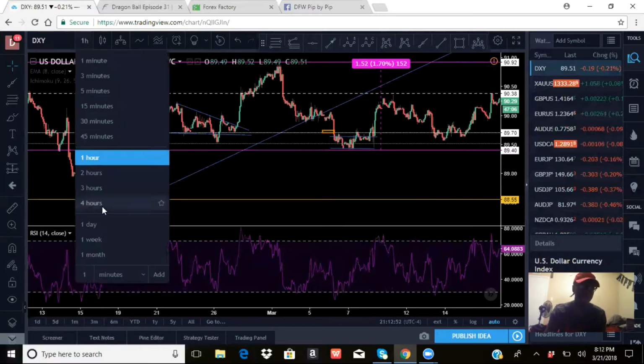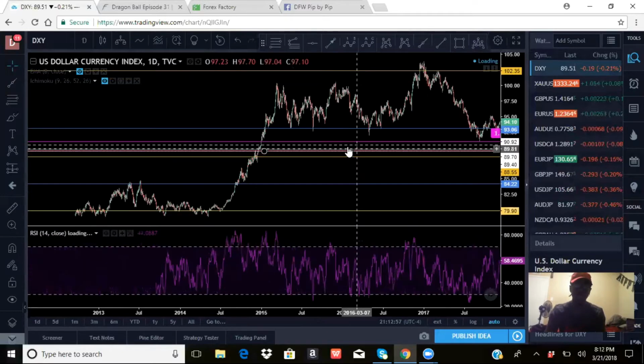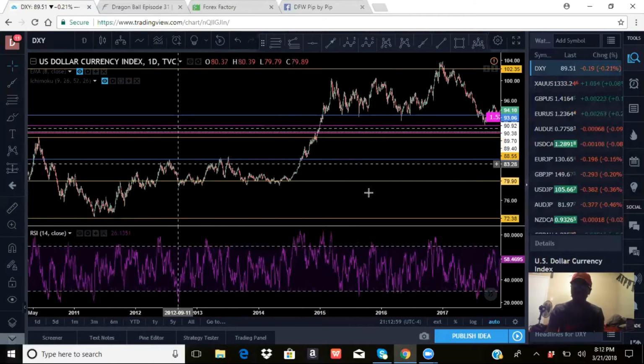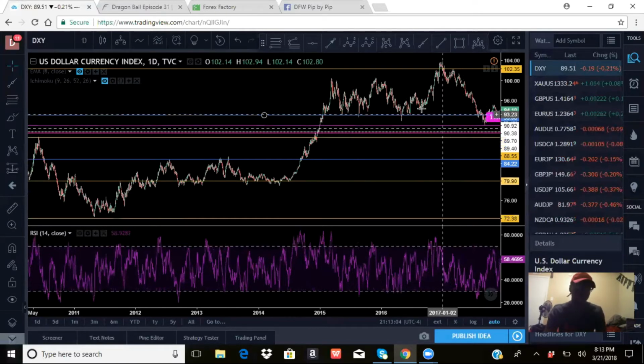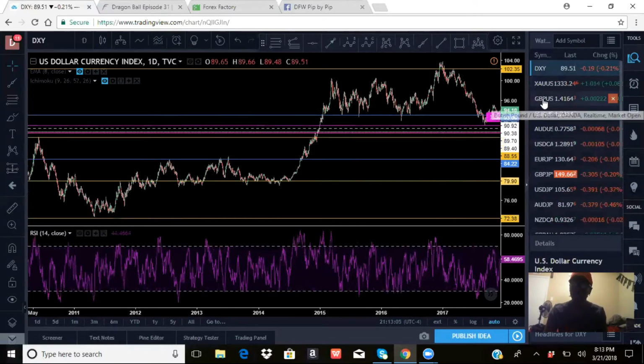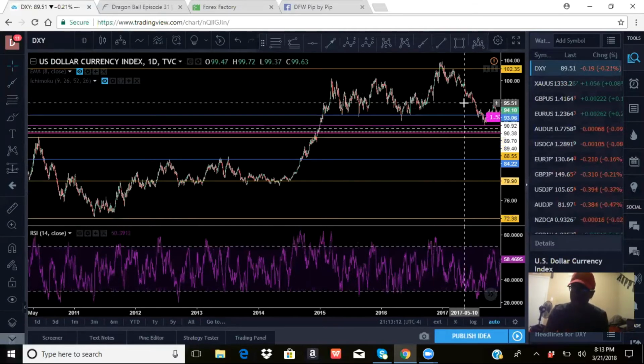I can do the same thing with this chart as with other ones. I can look at the daily and do my support and resistance along with any other US dollar pair, and everything will line up. If I have support or resistance hitting on the Great Britain pound USD, and I have this doing the same thing, it all lines up.